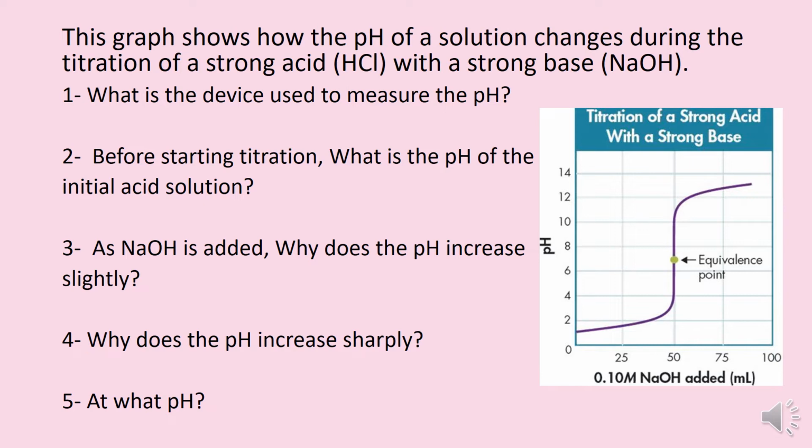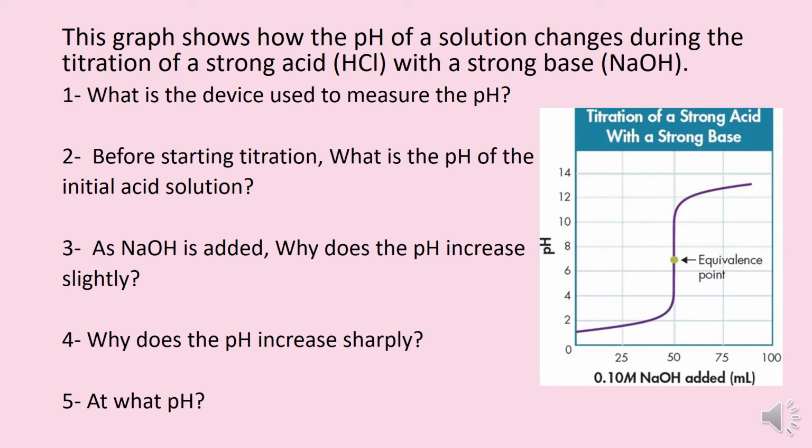I'm going to ask you questions, and through them you can understand the graph well and understand what's going on during titration. So the first question: what is the device used to measure the pH? Think about it.